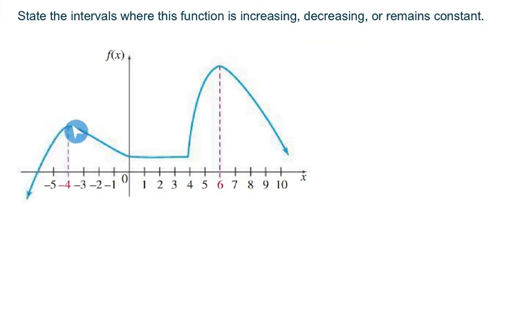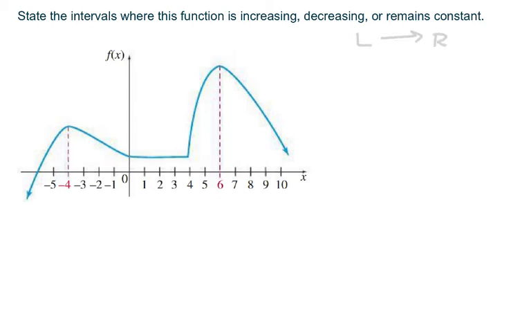So here we have a nice graph, and we can see that a specific x value has been noted here at x equals -4, as well as x equals 6. And we also have a point of interest right here occurring at x equals 0. Well, if we look at this graph, and again, remember, we're always wanting to think about reading from left to right.